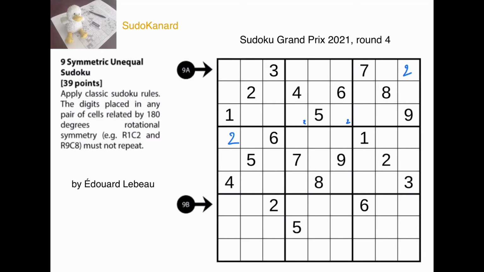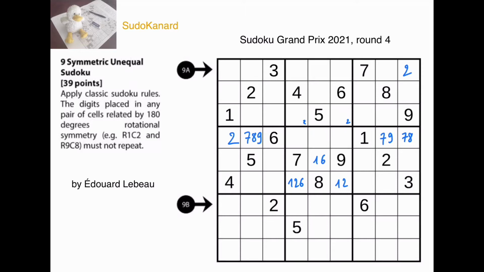Next, what's next? Here, 1, 2, and 6 are not in those cells, but they must be here. So we get 1 or 2 here, 1 or 6, 1, 2 or 6. And conversely, 7, 8, 9 are not here, but they must be somewhere on this row, so they must be in these cells.